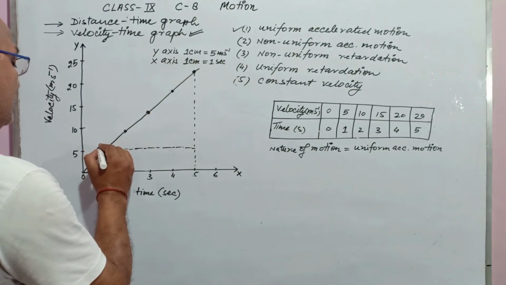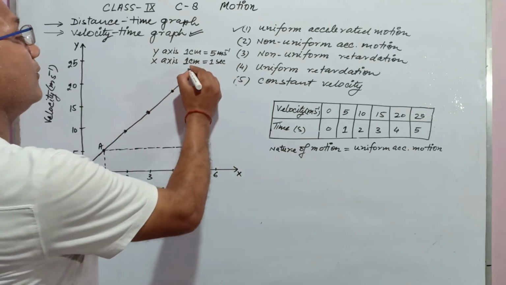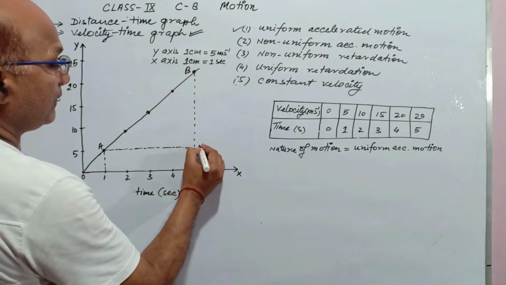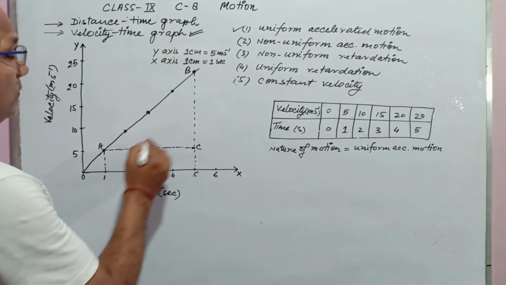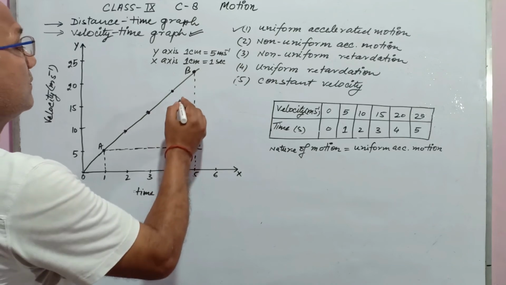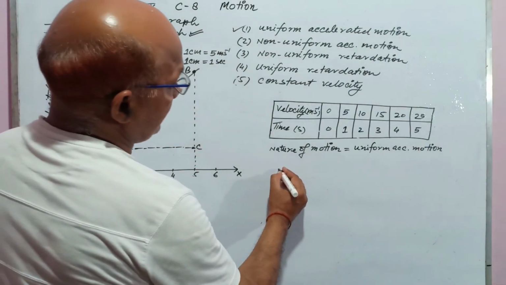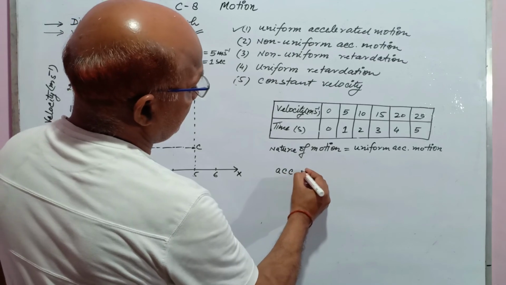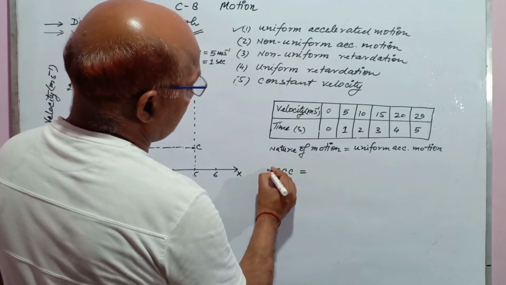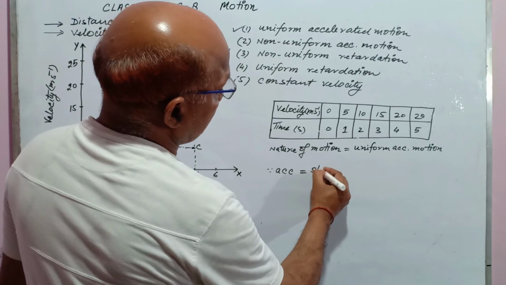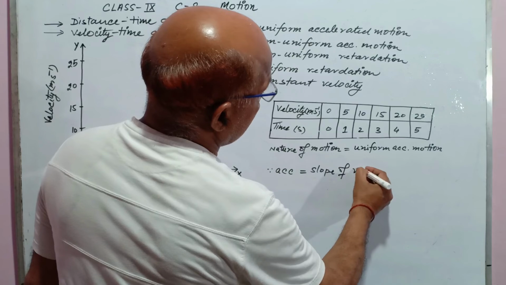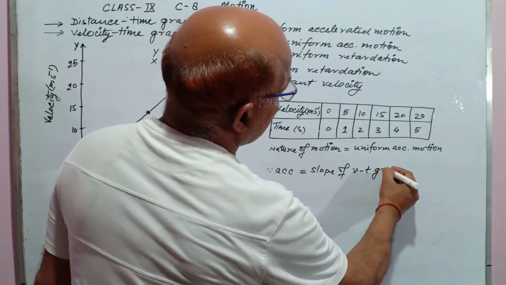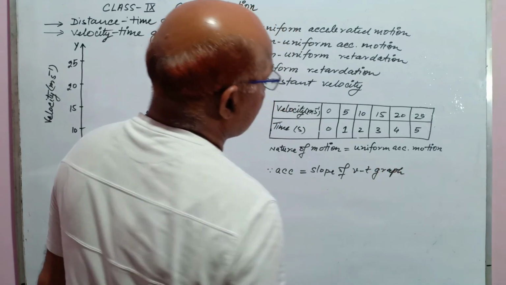Let this be A, B and C. So acceleration is equal to the slope of the VT graph, meaning the velocity time graph.